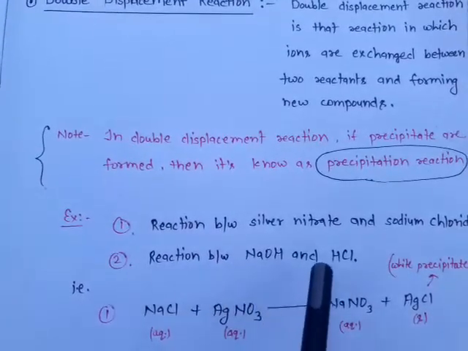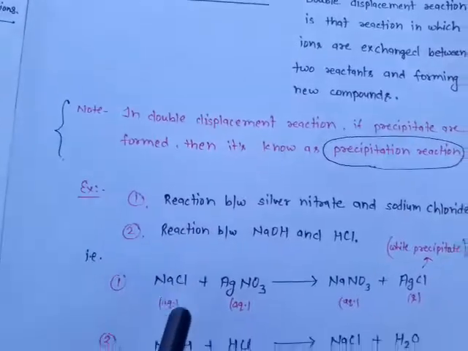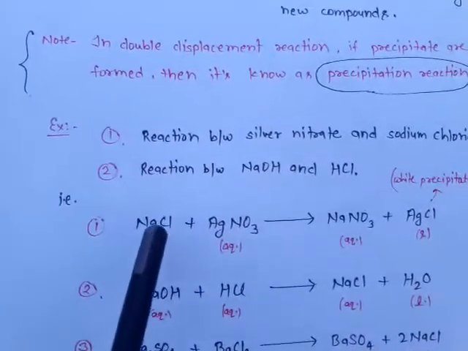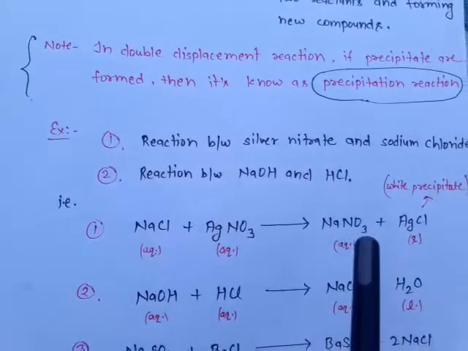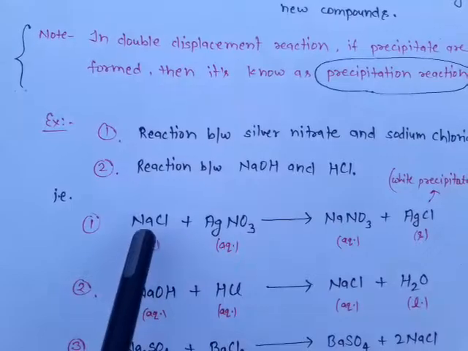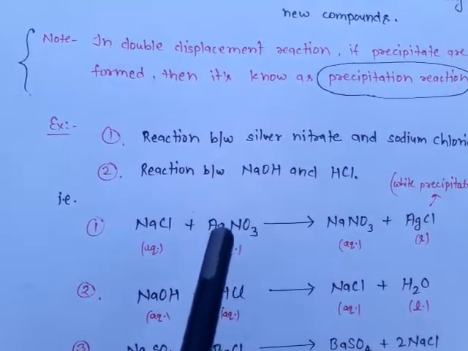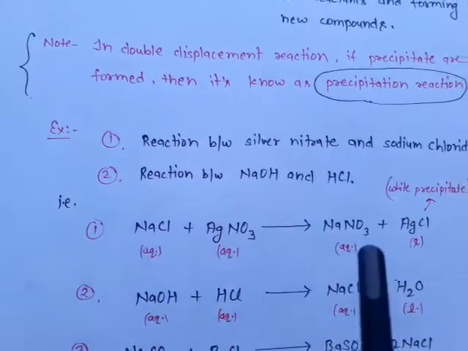The reaction between NaOH and HCl is also an example of a double displacement reaction. Now let us see the symbolic representation. NaCl plus AgNO3 are the reactants, and NaNO3 plus AgCl are the products. Here Na and Ag exchange: Na combines with NO3 to form NaNO3, and Ag combines with Cl to form AgCl.